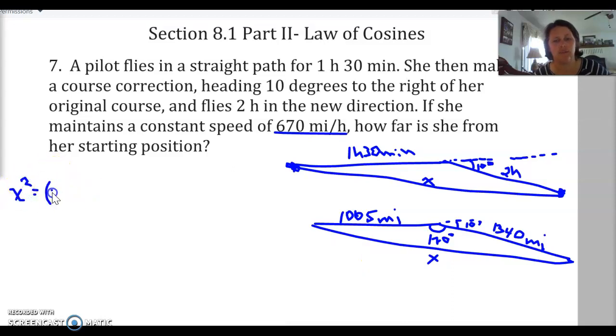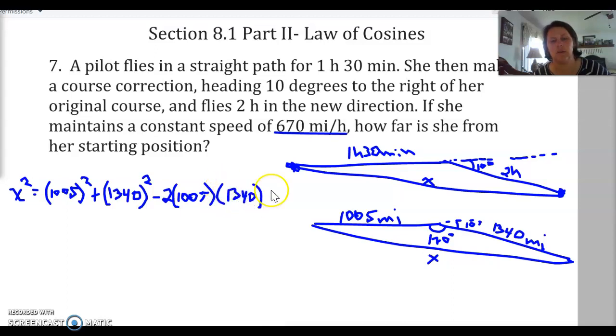That is equal to our other two sides squared, 1,005 squared, plus 1,340 squared, minus 2 times those other two sides, times the cosine of the angle opposite the x, which is 170.